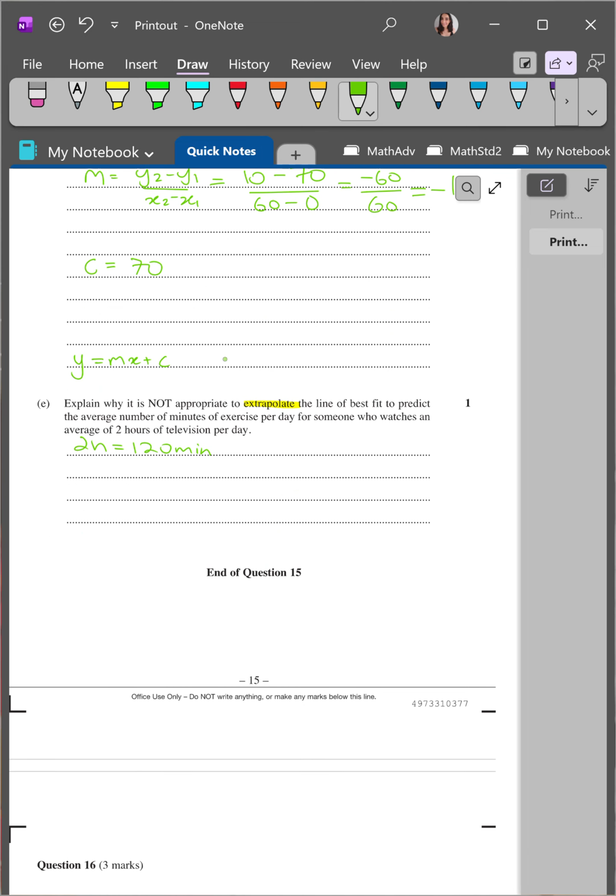So 2 hours equals 120 minutes, which is well outside the recorded data, and the relationship between the x and y values cannot be assumed outside the range of the recorded data.